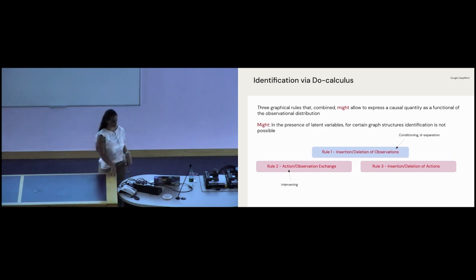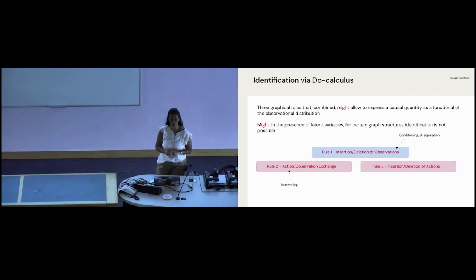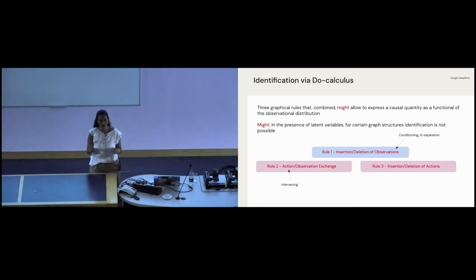These are three rules that might allow you to compute the interventional distribution, and I say might because in some cases we say that the causal effect is not identifiable. For example, if you have confounders and there's no way to actually apply these rules, then you cannot get an expression for the interventional distribution within the observational distribution, and all you can do is go intervene and observe what happens.